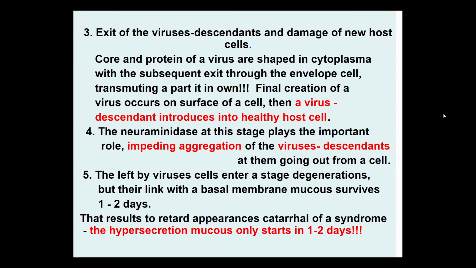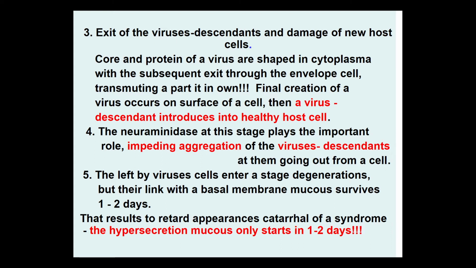Exit of the virus descendants and damage of new host cells. The core and proteins of the virus are formed in the cytoplasm, with subsequent access through the cell membrane, taking part of it as its own envelope. Final creation of the virus occurs on the surface of the cell, then the virus descendant introduces into a healthy host cell.